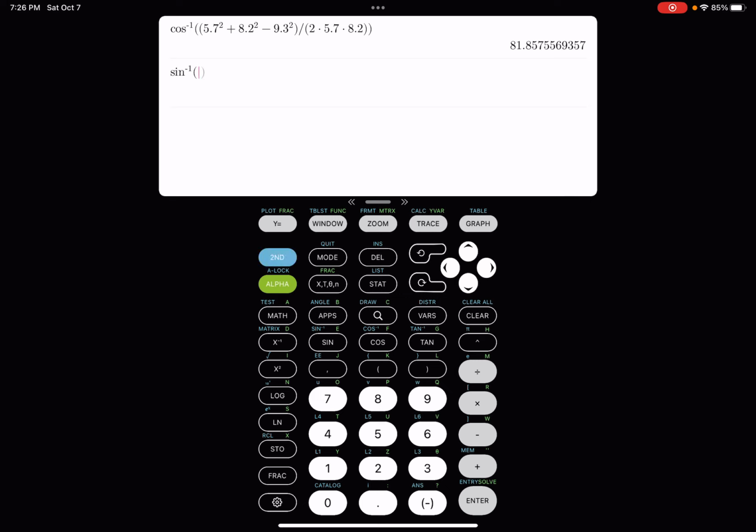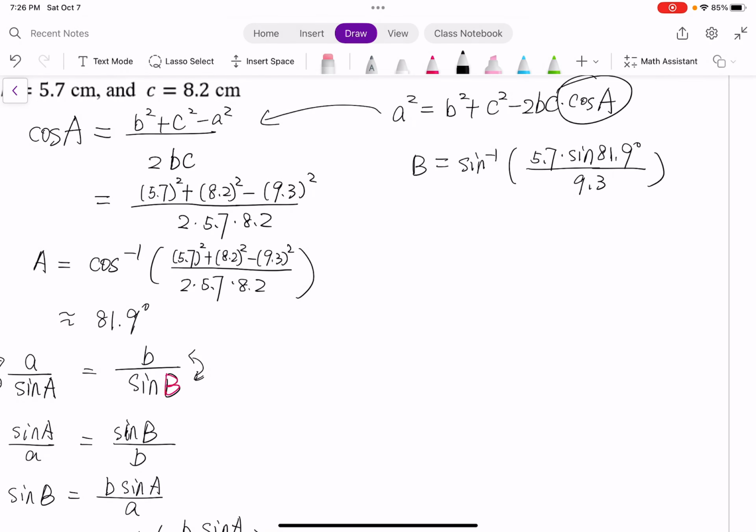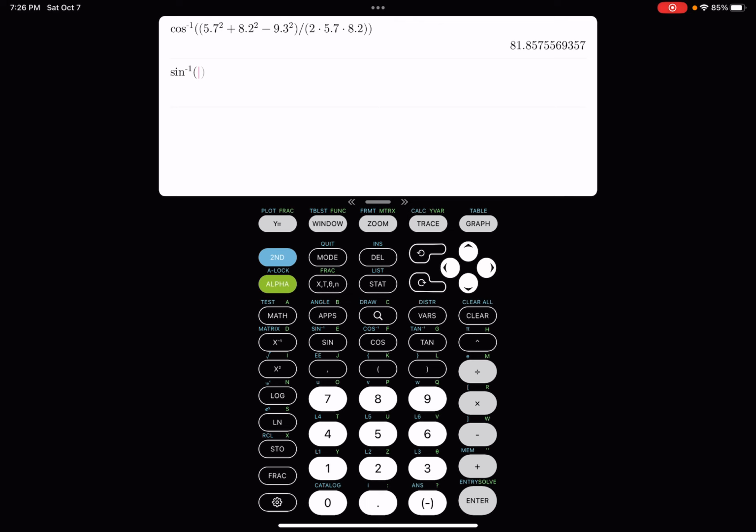Second, sine, that means the inverse. So we have 5.7 multiplied by sine 81.9.